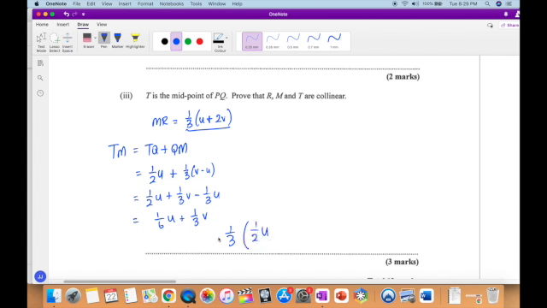So this times this would give me 1/6 plus v. So yeah, that pretty much almost looks like it there. We're almost done there.